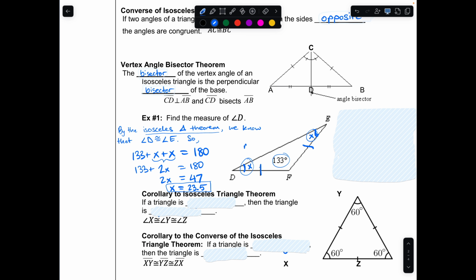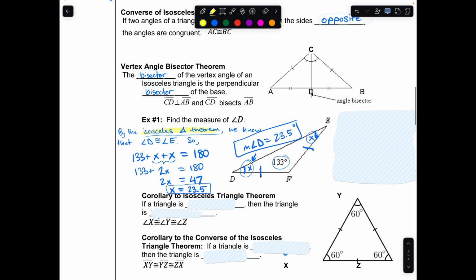So the measure of angle D, it was X, is going to be 23.5 degrees. That's our answer. I think this is the most straightforward way to tackle this problem using the isosceles triangle theorem.